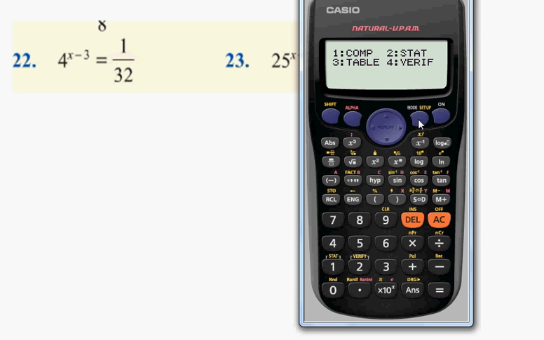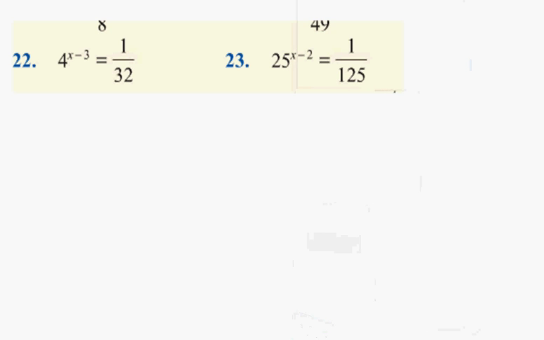Yeah, so I'm just going to shift fact. So I put 4 into my calculator, yeah? What does 4 turn out to be? Shift fact. 2 to the power of 2. So it's going to be 2 to the power of 2 to the power of x minus 3. Do you see the way I just changed the 4? Didn't change anything else. What can I change 32 into?